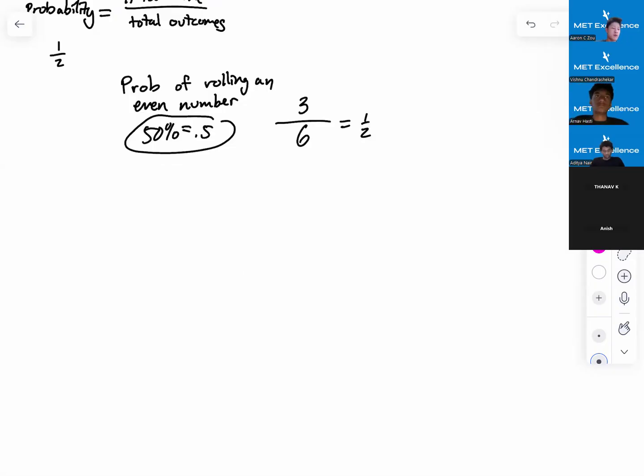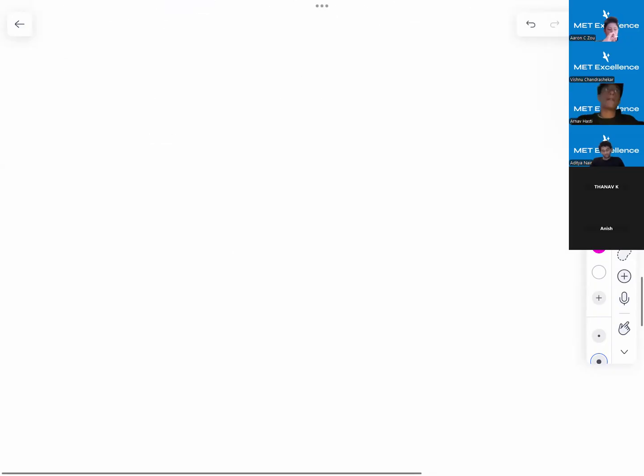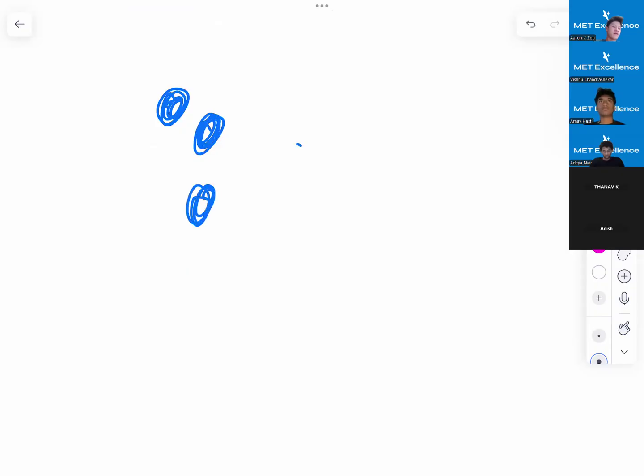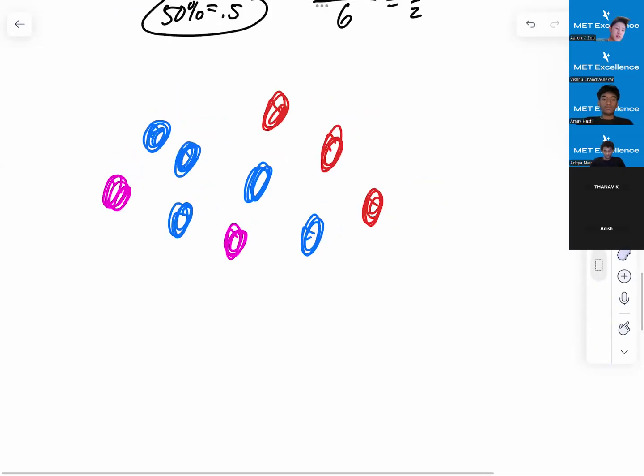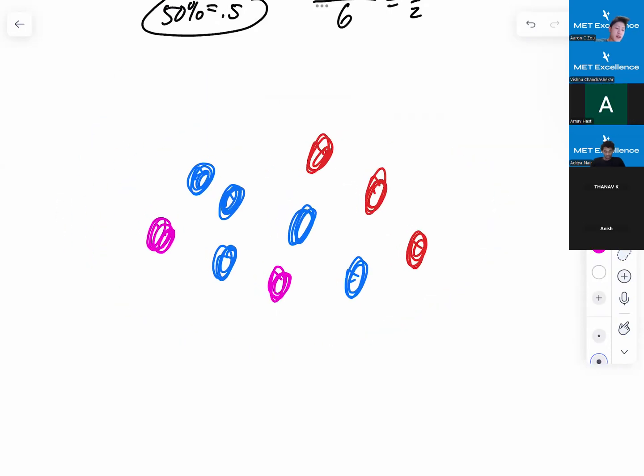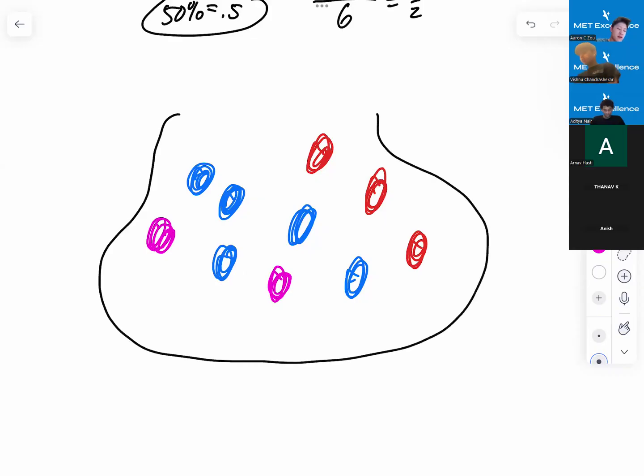So let's say I'm going to draw out a picture now, and I'm going to ask you guys a few questions, and you can feel free to answer in the chat. Okay, so let's say that these are candies, and this is my Halloween bag.